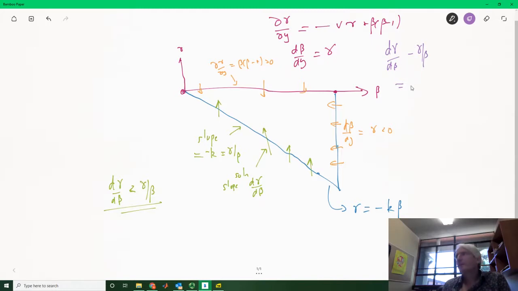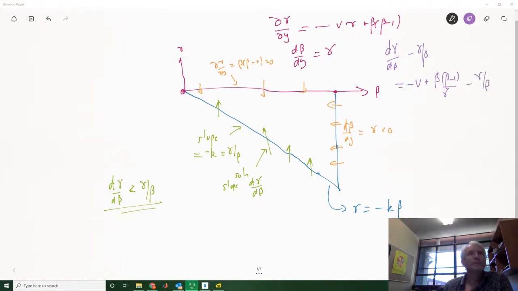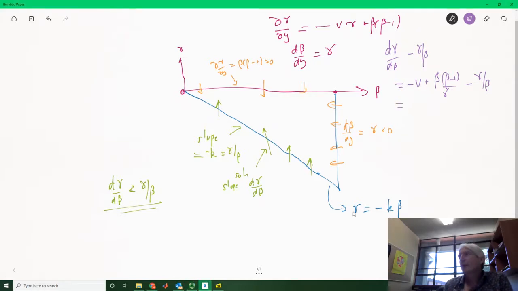So it's minus v plus β times (β minus 1) over γ, minus γ divided by β. And of course, γ is k minus kβ. We haven't used that yet.